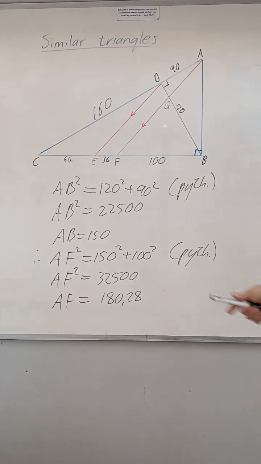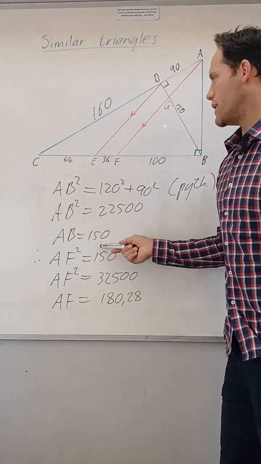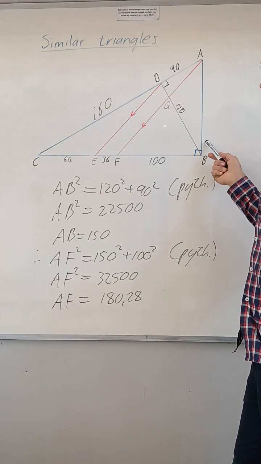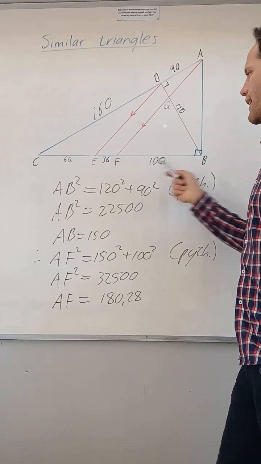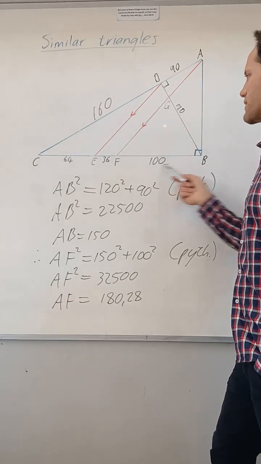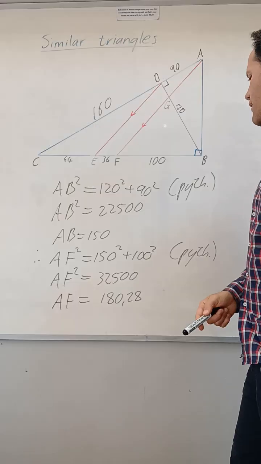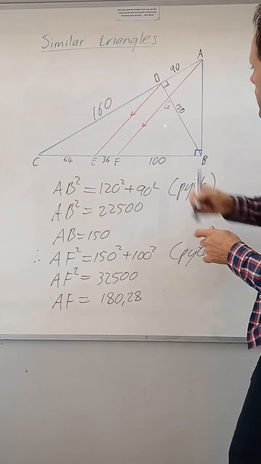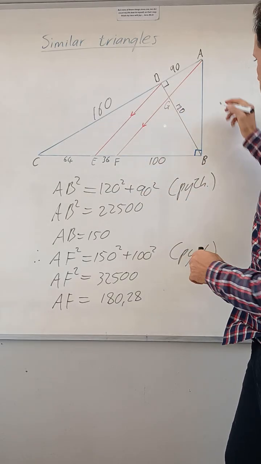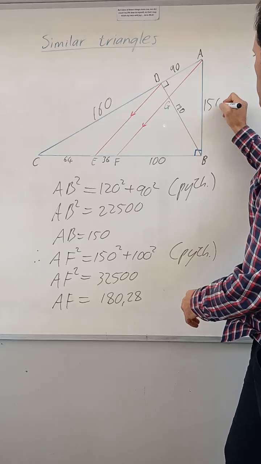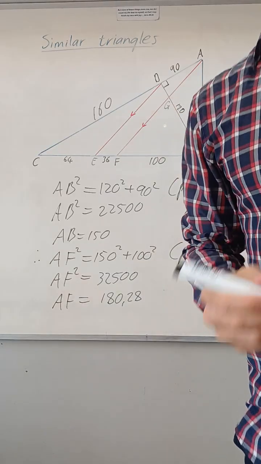We got AB is 150. And then we used AB and FB, 150 squared plus 100 squared, to find AF squared. Then if you simplify, you get AF is 180.28. So we got AF as well. And we got AB 150 over here. Okay, so the next one.